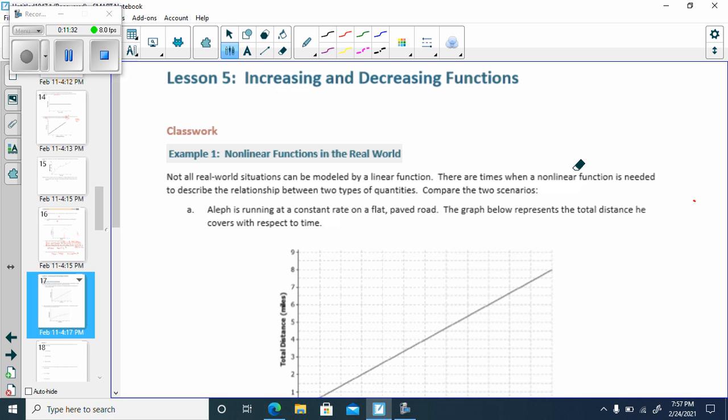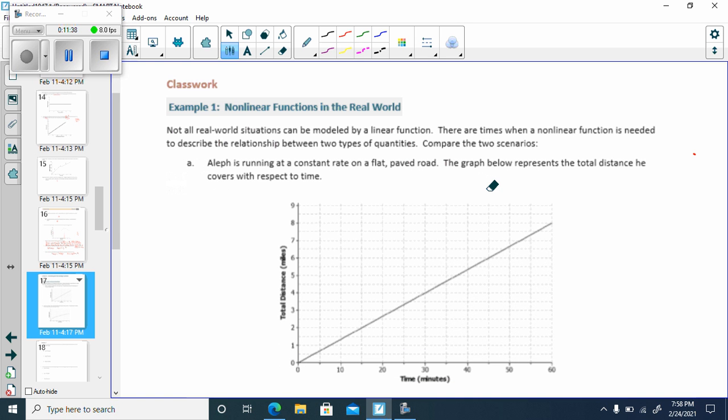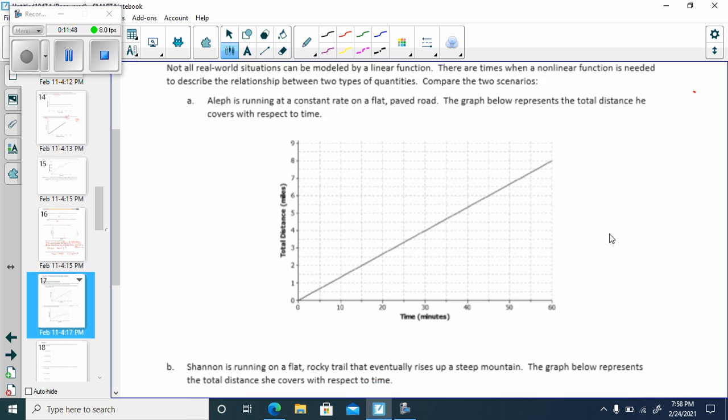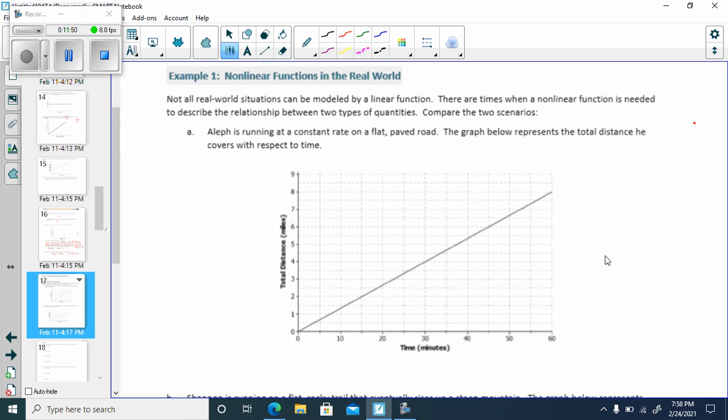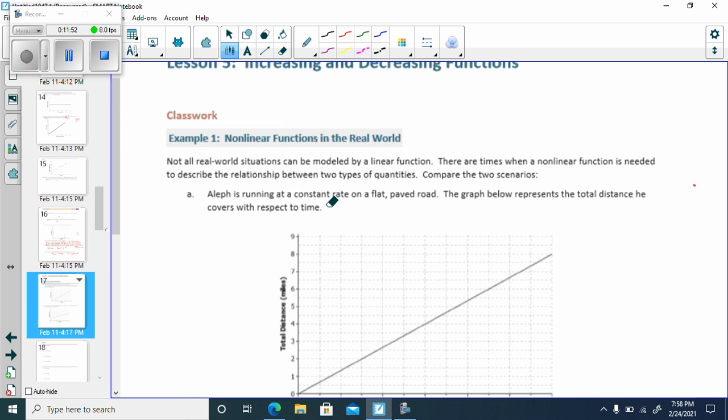Now, let's look at lesson 5 here, increasing and decreasing functions, right? Not all real world situations can be modeled by a linear function. This one is linear and it's increasing. See how it forms a straight line? This one says that Aleph is running at a constant rate on a flat paved road.